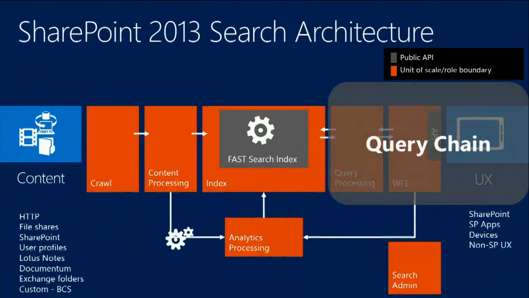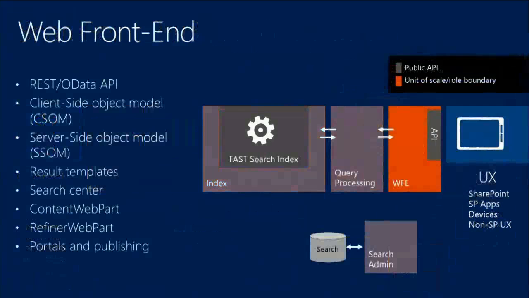Okay, query chain. What's old in this picture is the server-side object model, as we are used to using on SharePoint 2010 and previous releases. It's still in the picture, but it's not the recommended way of accessing your index.